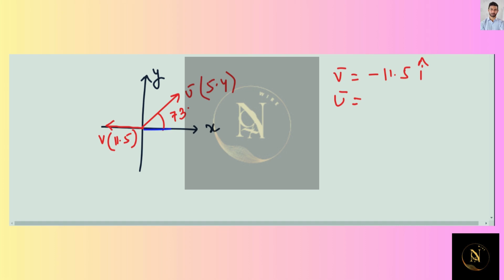So there will be a component 5.4 cos 73 degrees along the x-axis and a component of 5.4 sine 73 degrees along the y-axis.